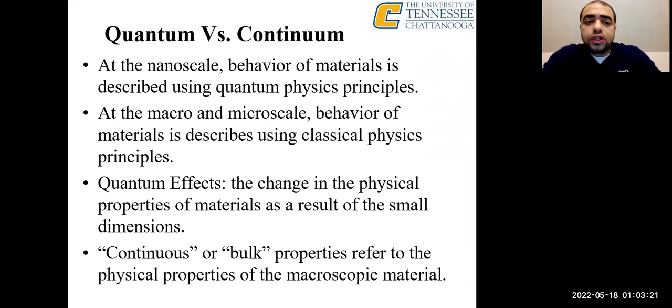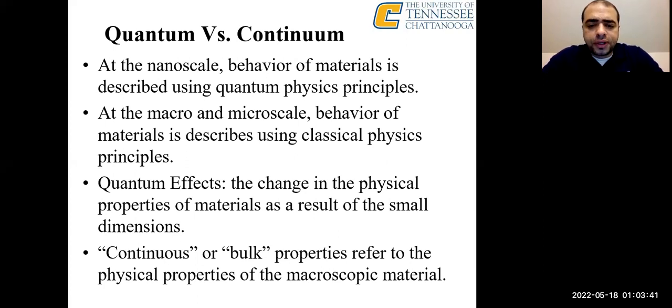Quantum versus continuum. At the nanoscale, the behavior of materials is described using quantum physics principles, while at the macro scale, in the bulk of the material, and the micro scale, of course, the behavior of materials is described using classical physics principles.